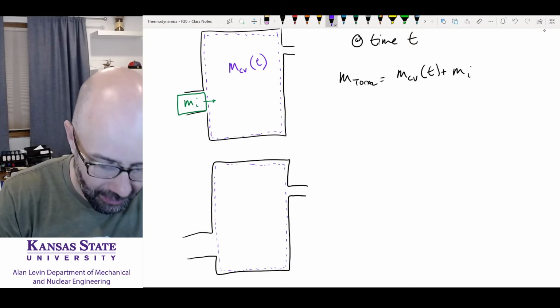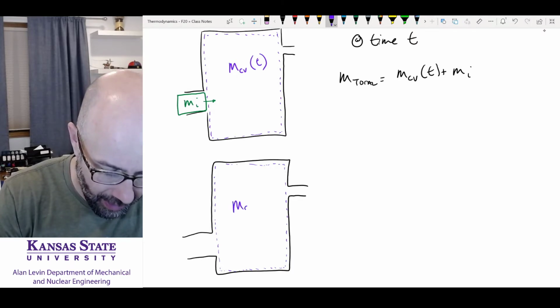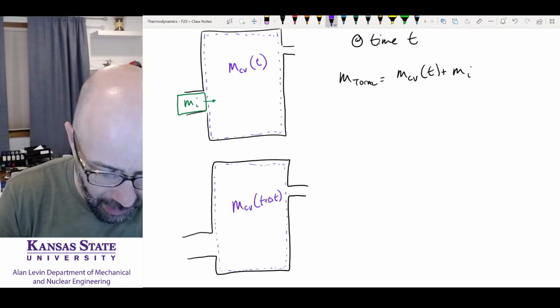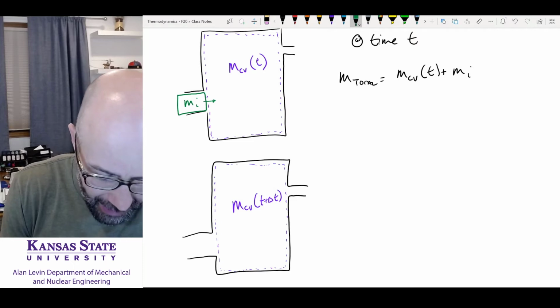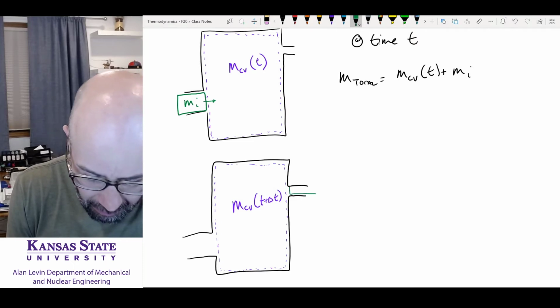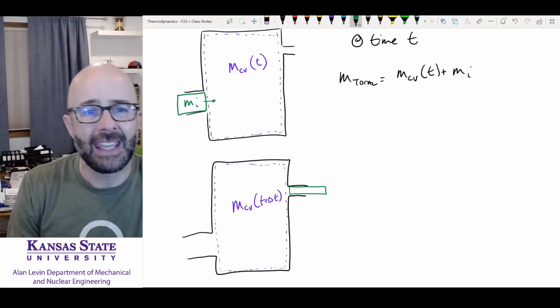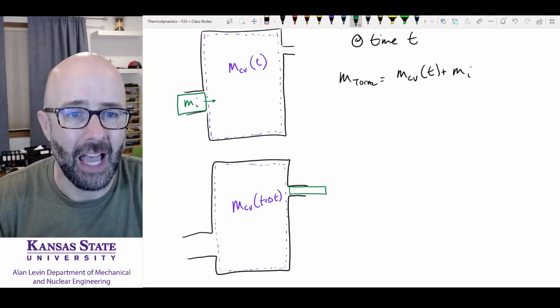And now we have the mass of the control volume at time t plus delta t, because there has been some time where that mass has come into that control volume, and it's going to be mixing up here, and it's going to push out an equal amount of mass out the other side.